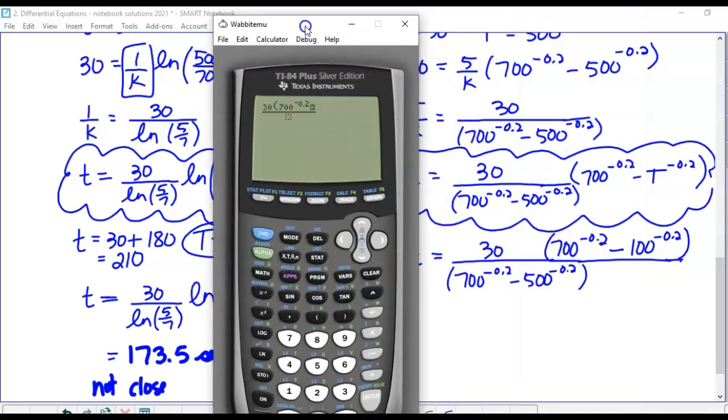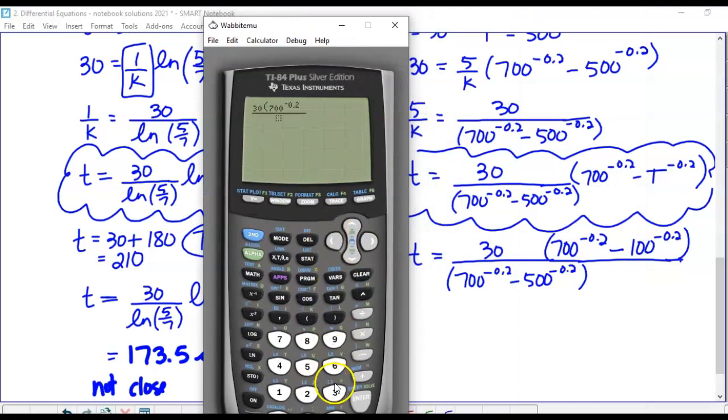Just going to move this over here. Minus 100 to the exponent negative 0.2. Close the brackets. Denominator, open the brackets, 700 to the exponent negative 0.2 minus 500 to the exponent negative 0.2.